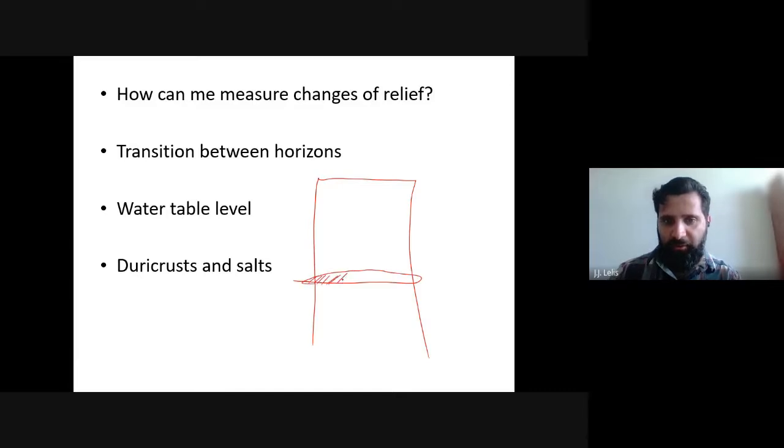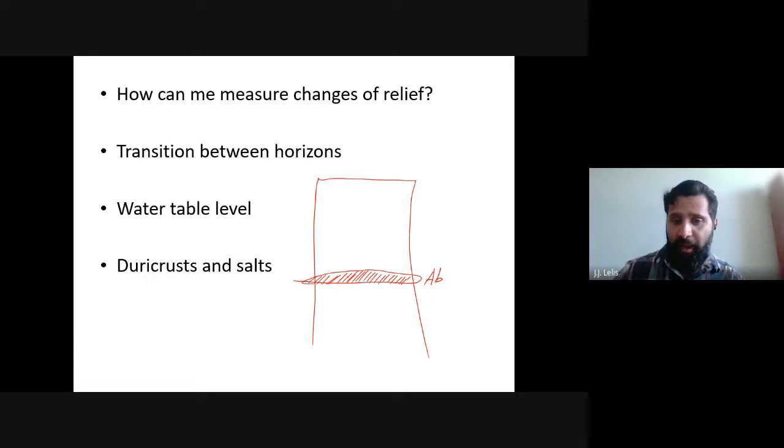that presents a layer or a horizon with a lot of salts in the subsurface, this could suggest this could be a buried surface horizon.